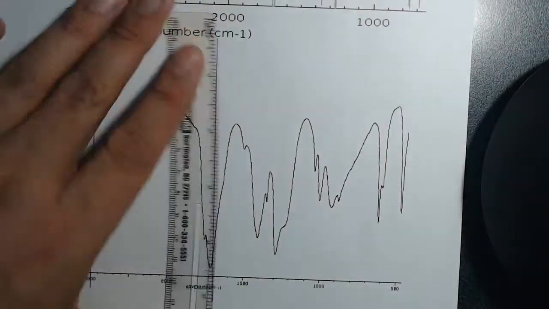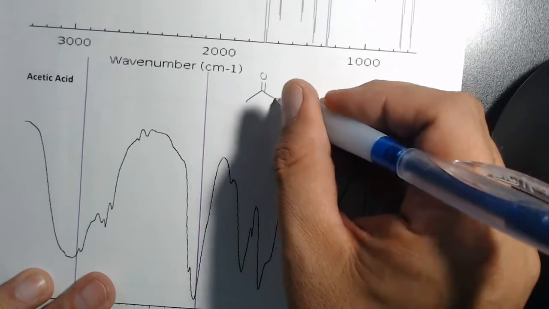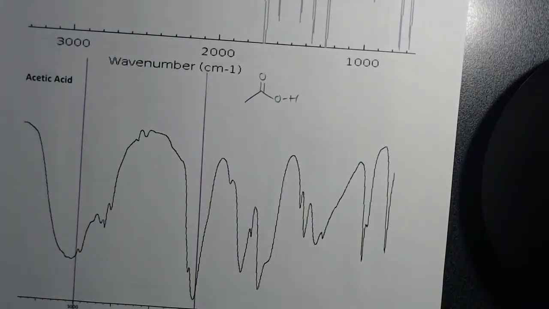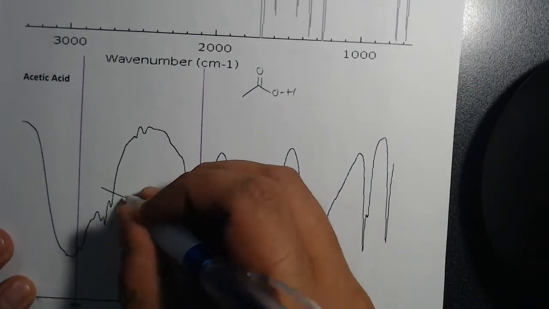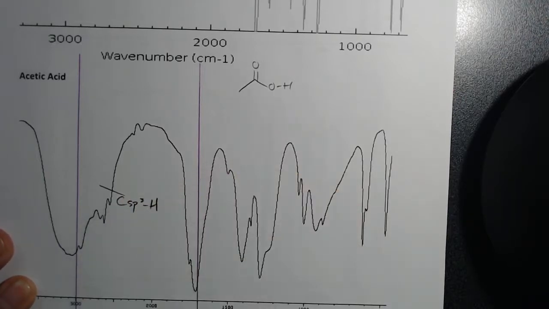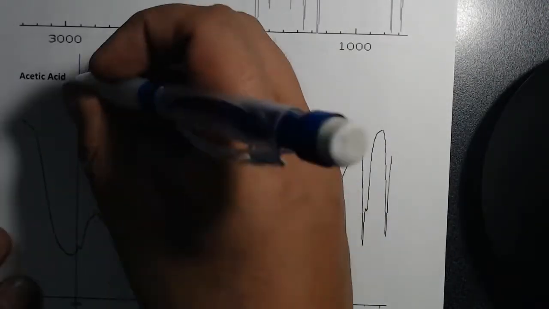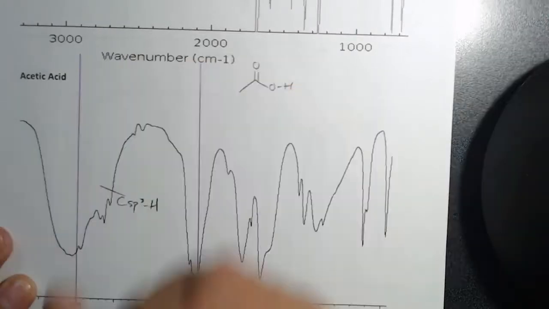And if you guys remember here, acetic acid has this structure. So this portion right here is our alkane CHs, so C sp3 H. This portion here is the aldehyde. And this one right here is an OH, but I want to be specific here.